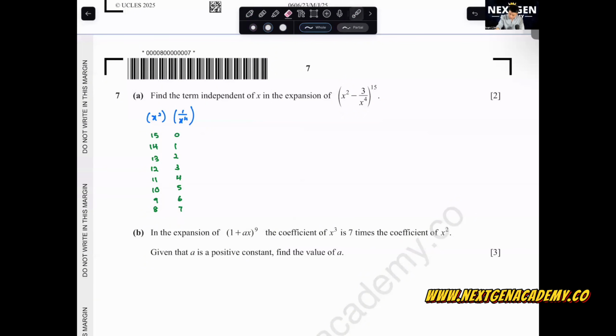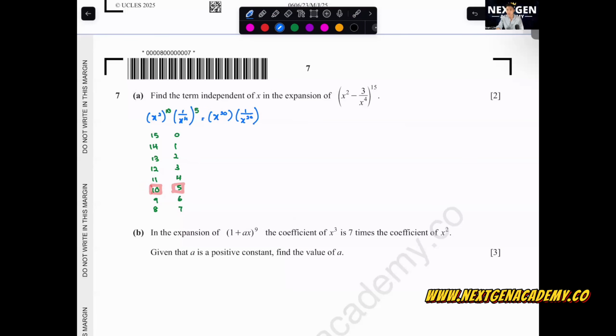Which one is it? Which one adds up so that both powers cancel each other? Here, right? 10 and 5. So you try here, 10 and 5. This will be x to the power of 20, then 1 over x to the power of 20. When we expand, you determine this first. Don't go and straight away put in the values.